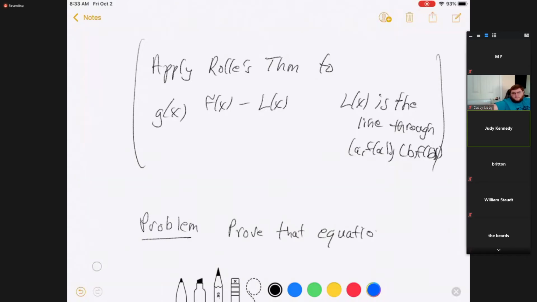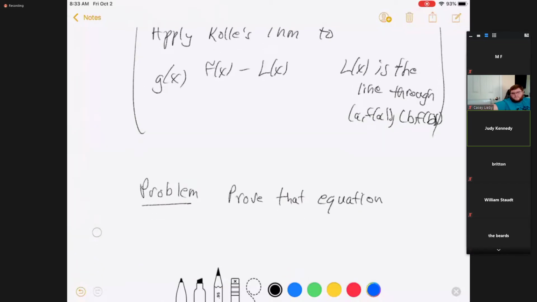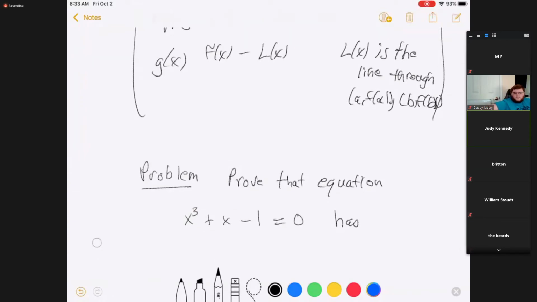Let's prove that the equation x cubed plus x minus 1 equal to 0 has exactly one root.